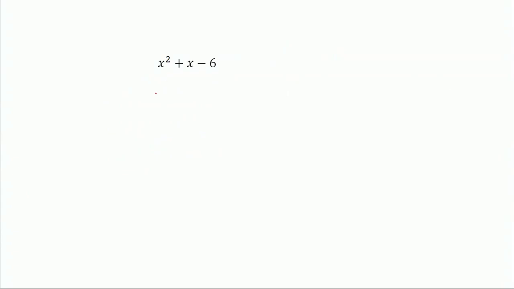We have one that is slightly different now. We have a minus sign inside this one. So again, we need to find our two numbers first. So the sum has to be 1, because the coefficient of x in this case is 1, and the product is equal to AC, which is A is 1 in this case, multiplied by C. C is minus 6, so this will give us minus 6.